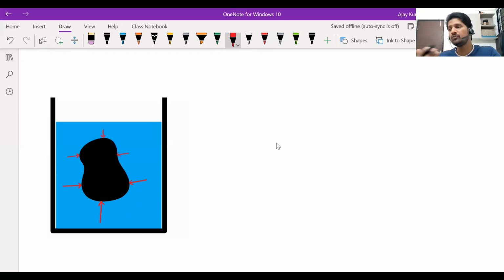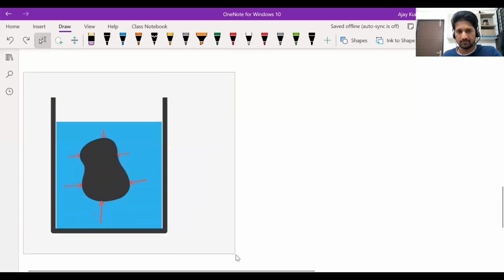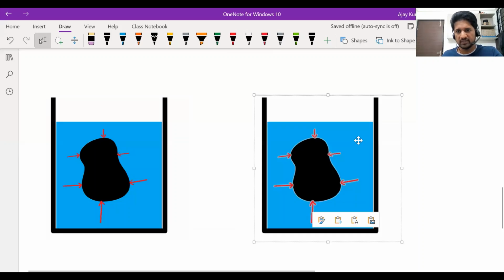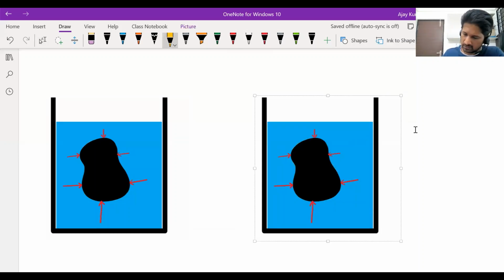So how do we prove that the resultant of all these vectors will be equal to the weight of the liquid displaced? How we do that is by imagining that the space was filled with the liquid itself. Now the container is non-accelerated, which means the liquid is also non-accelerated. So I'm just going to mark a boundary here.